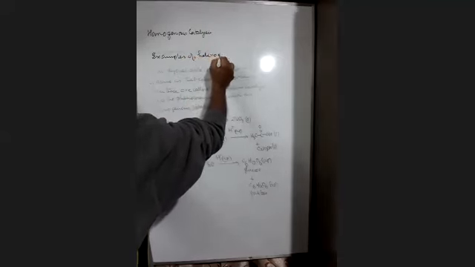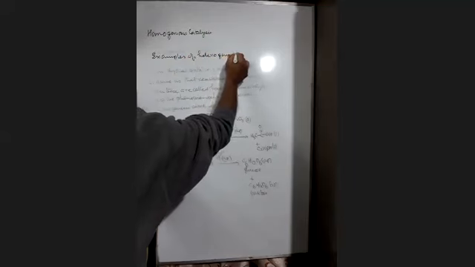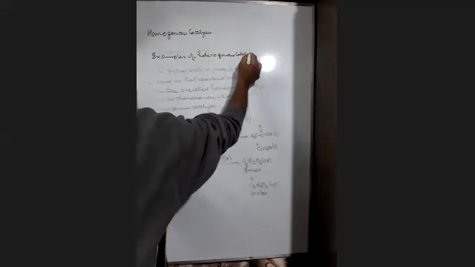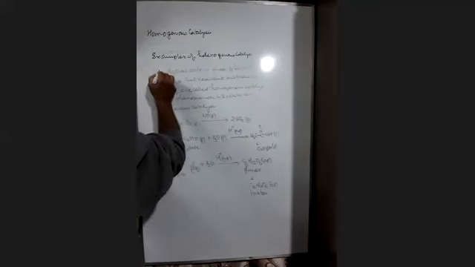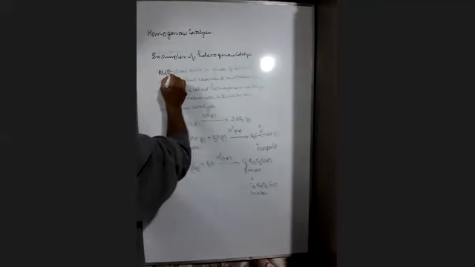Heterogeneous catalyst. You know plenty of things. The first example of a catalyst that you got in school is the decomposition of potassium chlorate, by which we prepare oxygen. So this is solid.